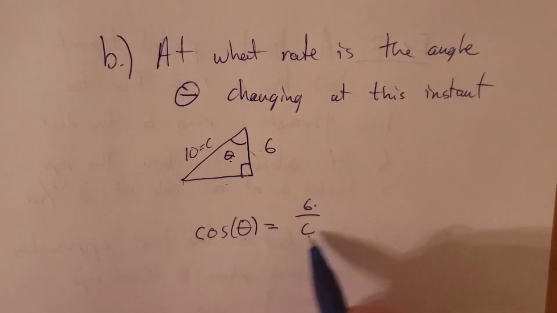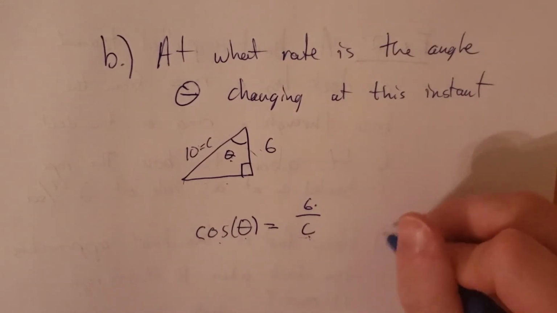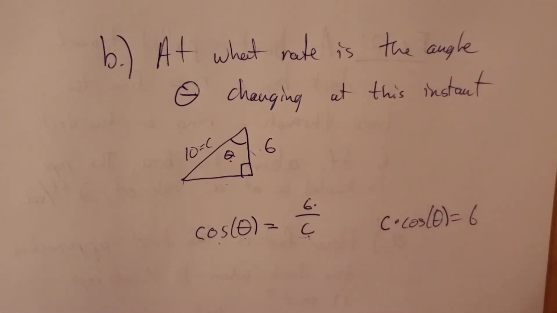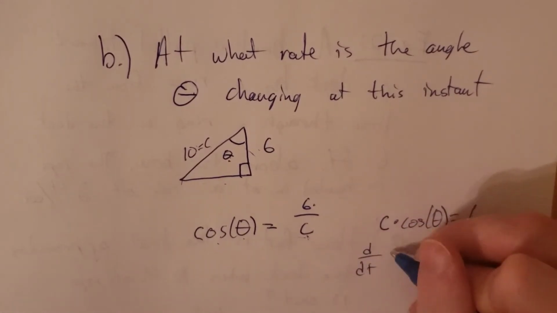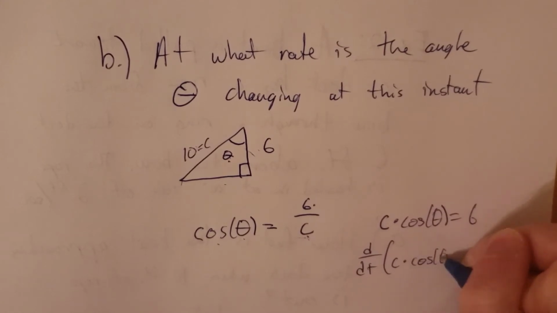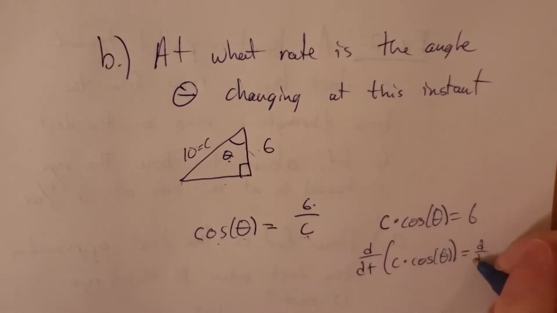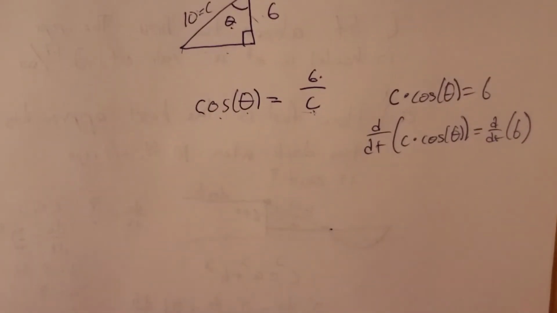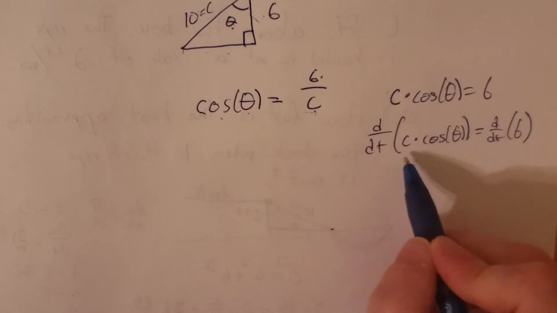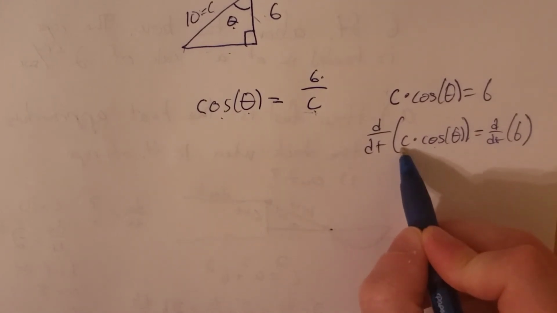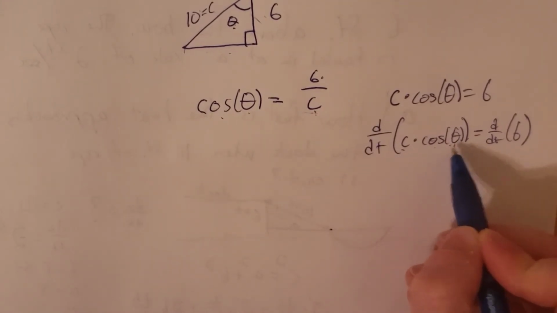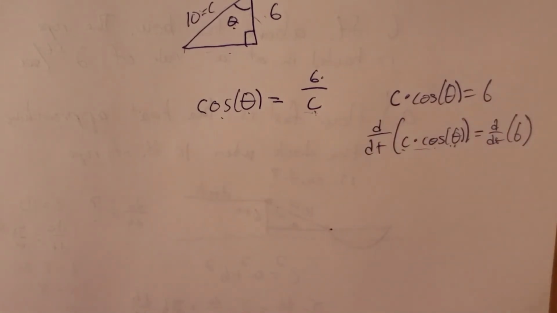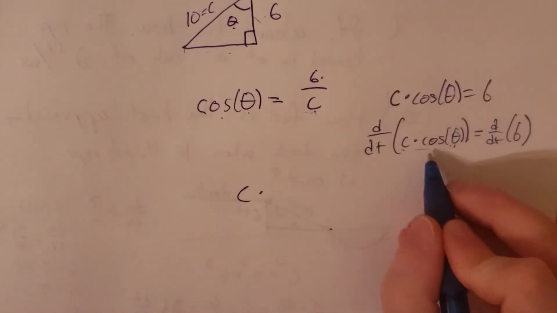Now, we could take the derivative with respect to time as is, or I could rewrite this as c times cosine of theta is equal to 6, and now take our derivative with respect to time. And so let's do that. This is a function with respect to time, and this is a function with respect to time. So to take our derivative, we do the product rule. The product rule on the left says we take the first times the derivative of the second.